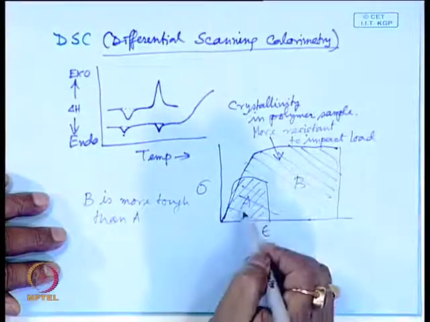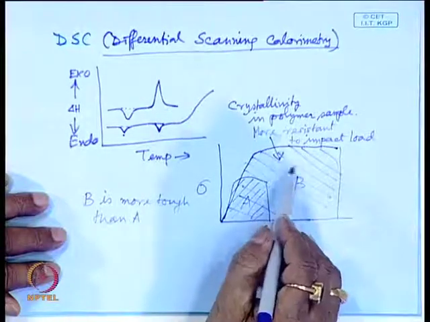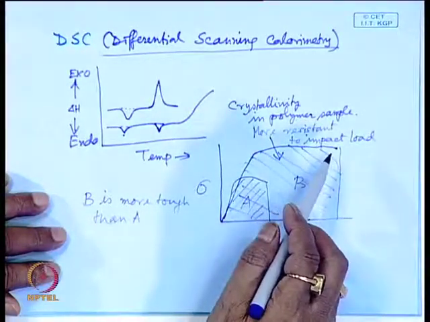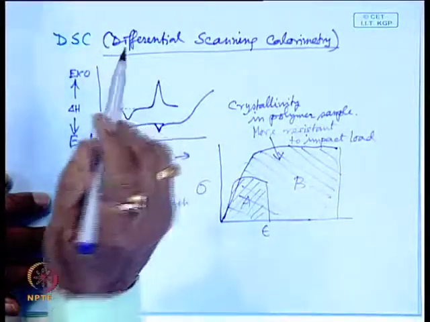So this is tougher than this one. This toughness depends on the stress level as well as the deformation level. When some impact energy is imposed on a material, suppose you give a blow, if it can absorb that energy, then it is tough.